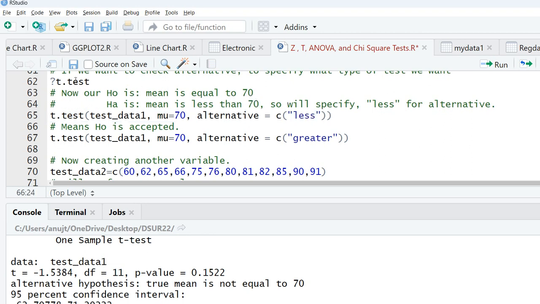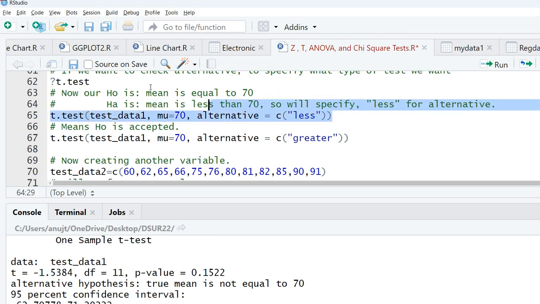In this case, our null hypothesis is that the mean is equal to 70 and the alternative hypothesis is that the mean is less than 70. So we specify less for alternative.